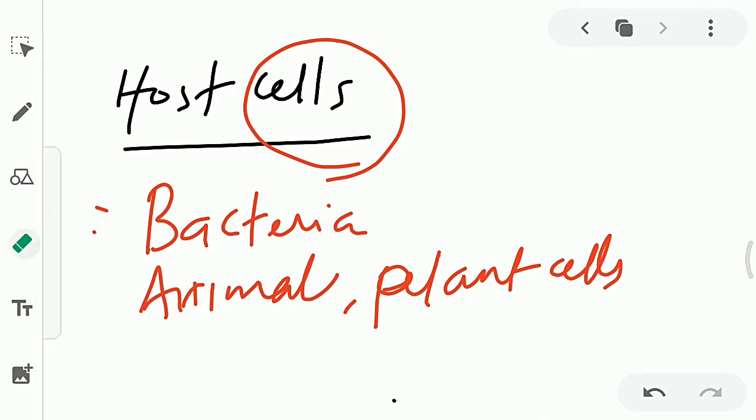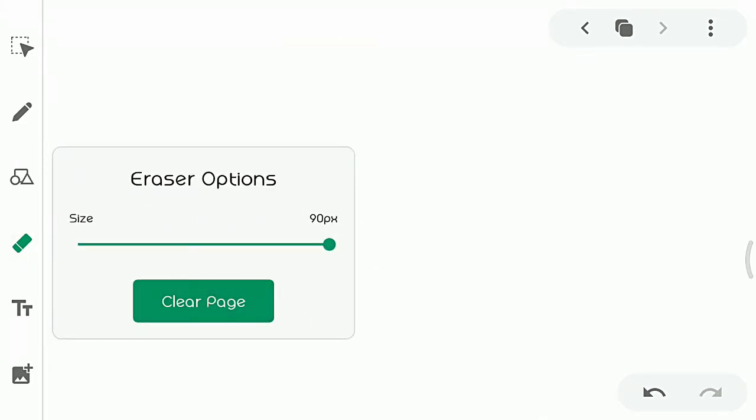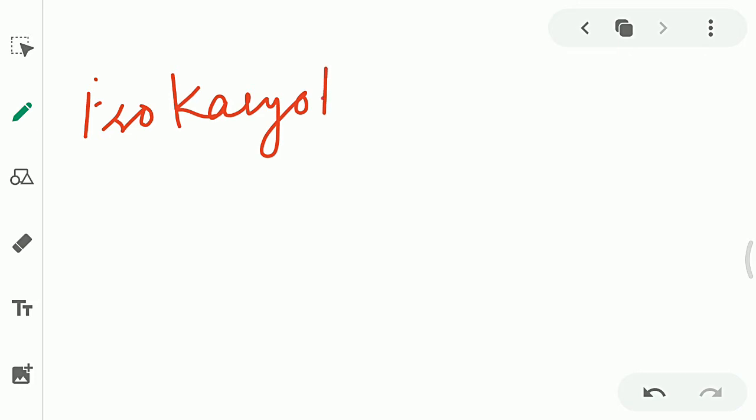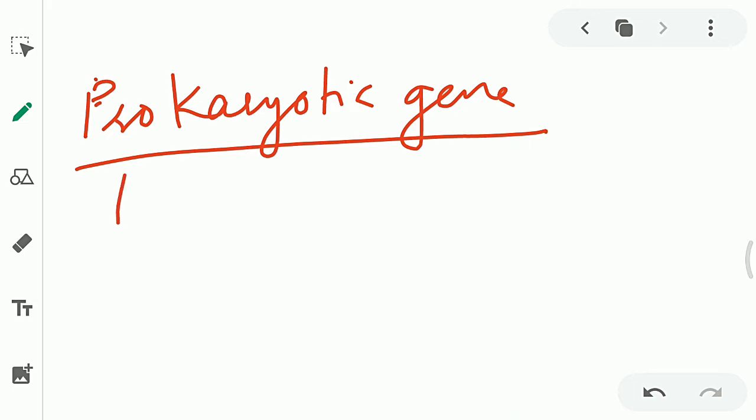The first thing is, for a prokaryotic gene, we always select a prokaryotic host. The host will also be prokaryote.